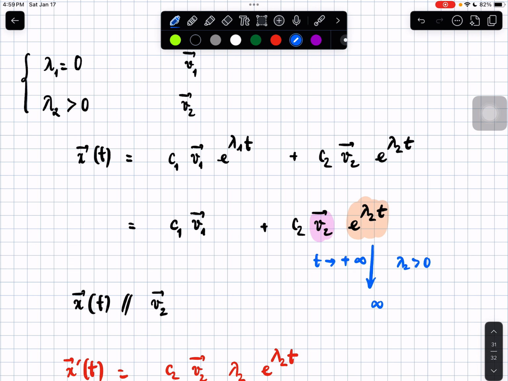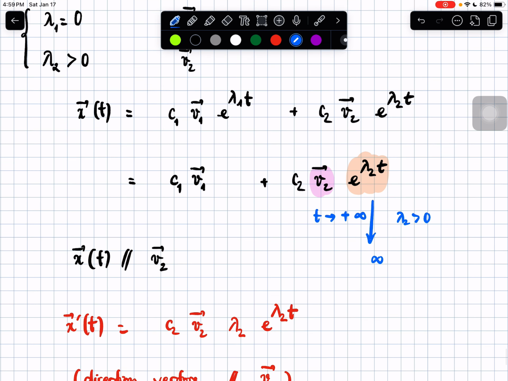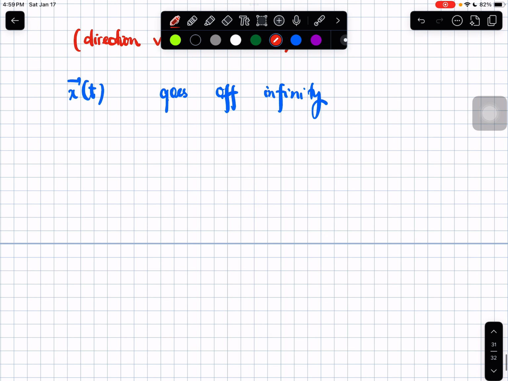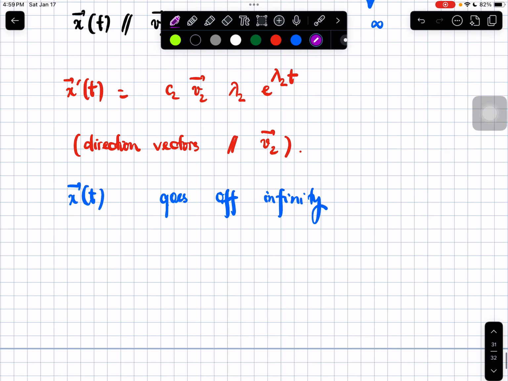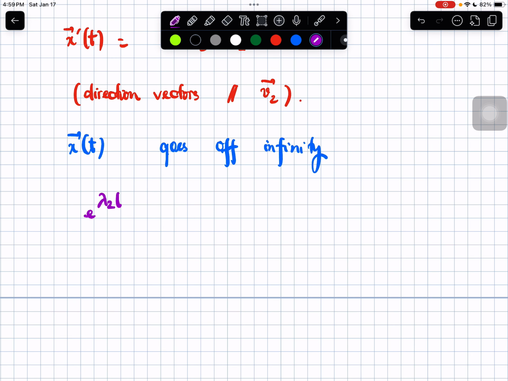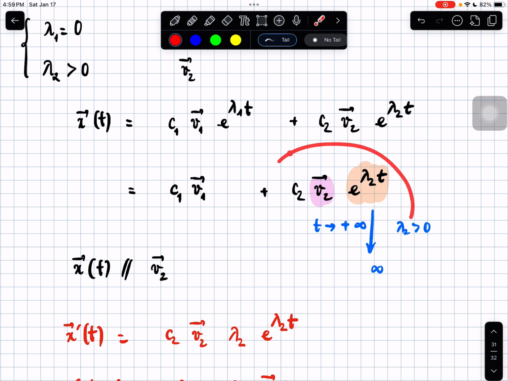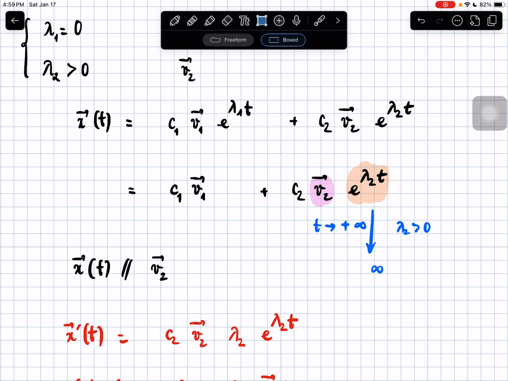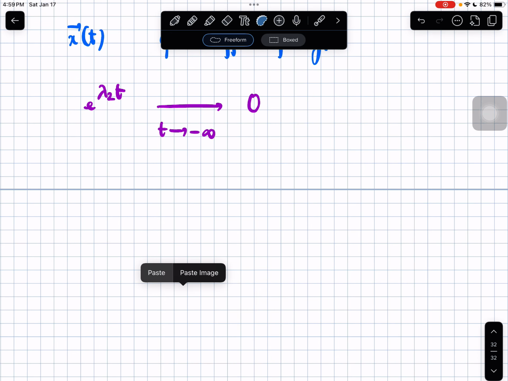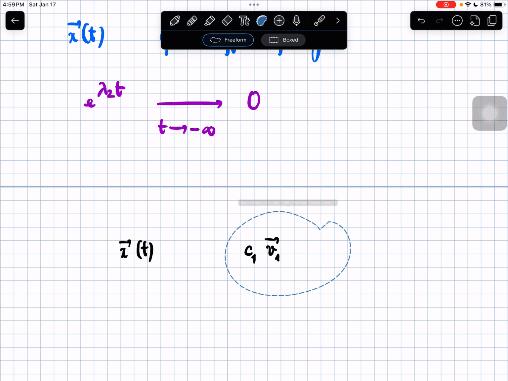The last thing we know is what about t tends to minus infinity? When we have e^(lambda 2 t), when t tends to minus infinity, this one tends to 0. The second term tends to 0. The whole thing tends to 0 plus these vectors. x(t) tends to c1 v1.